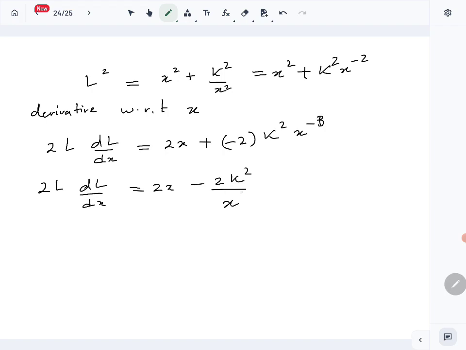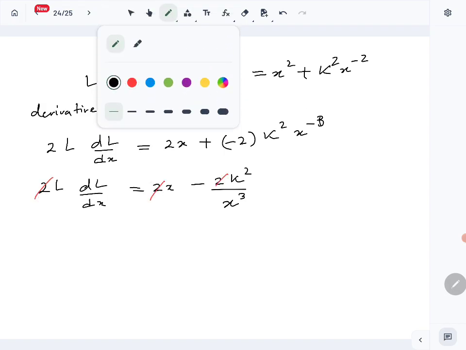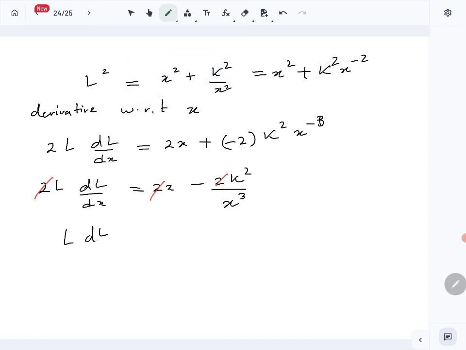So this will become minus 2k squared over x cube. So we can cancel 2, and what is left? L times dL over dx.